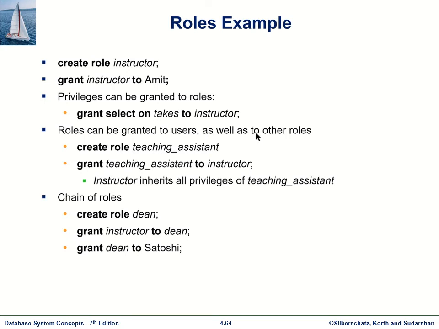So let's look at this example. This means we can assign people to a role, but we can also assign a role to another role. For example, we create another role called teaching assistant.